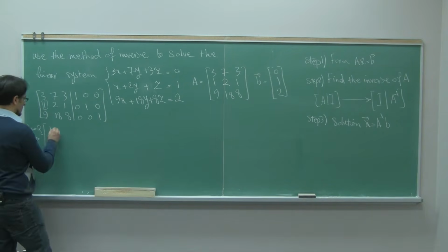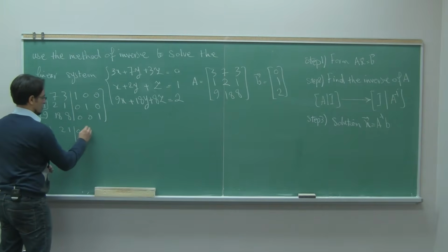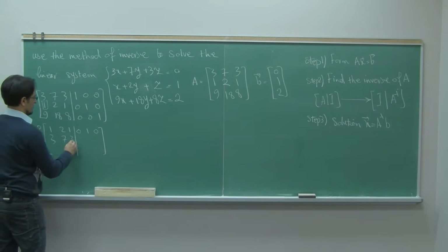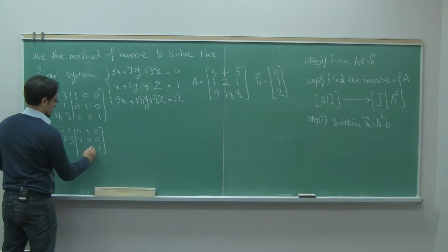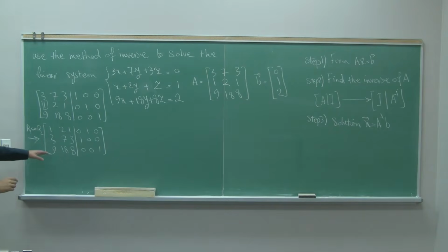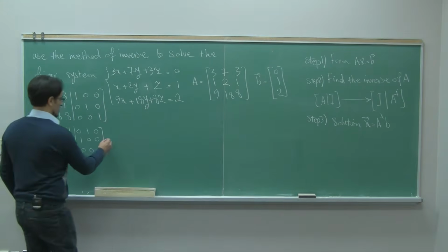So I will have 1, 2, 1, 0, 1, 0, 3, 7, 3, 1, 0, 0, 8, 18, 9, 0, 0, 1. Then I use this one to make these guys 0.